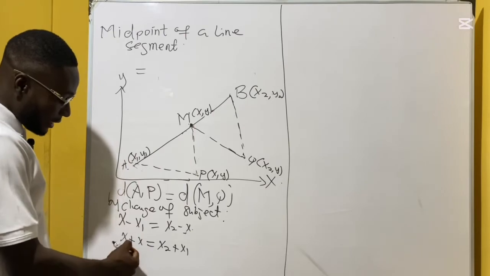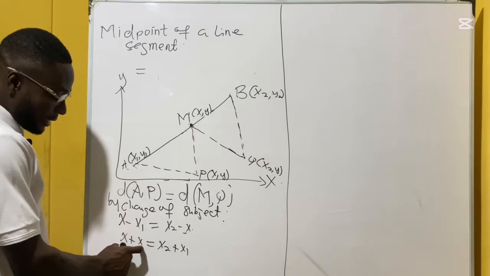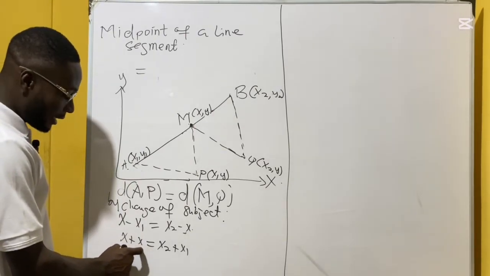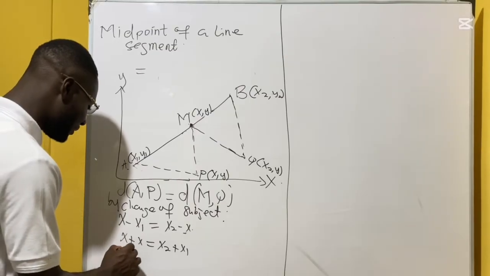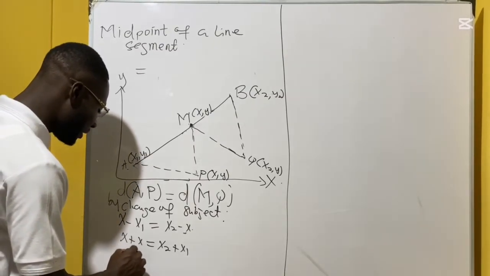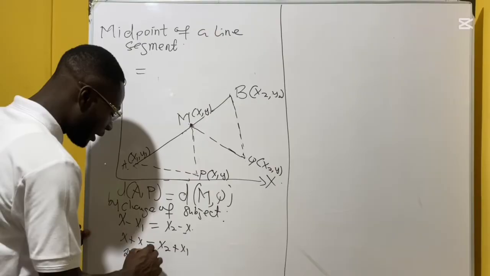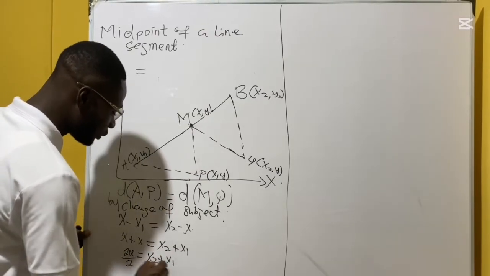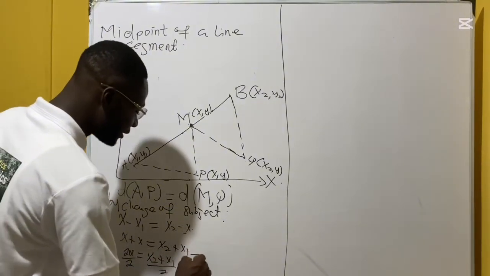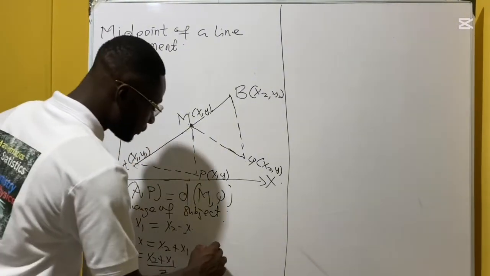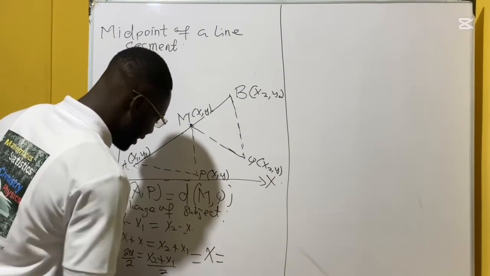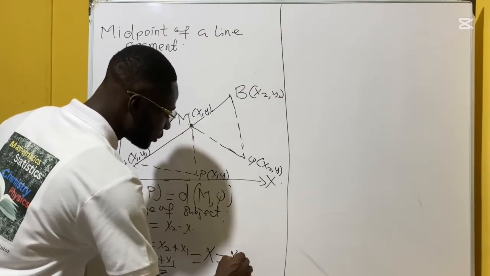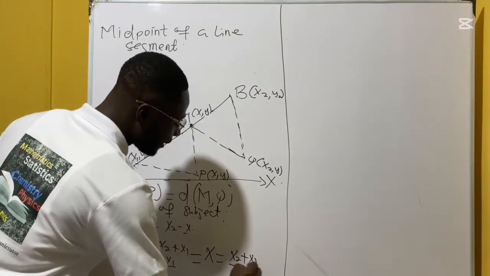So we need the midpoint of this, right? So we're going to have 2x equal to x2 plus x1, right? So we divide here by 2, divide here by 2, and that is basically x equal to x2 plus x1 divided by 2.